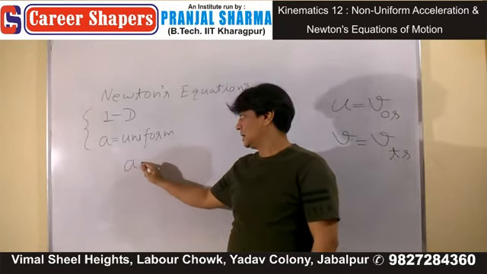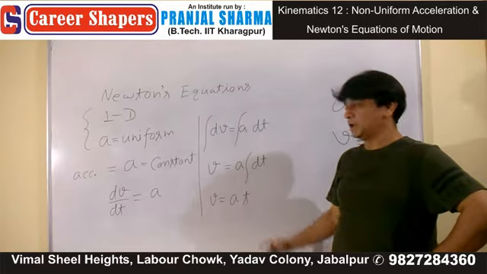Use integration sign. What is integration of dv? v. What is a? A constant number. Constant number, you can always take it out. You're left with dt. What is integration of dt? t.